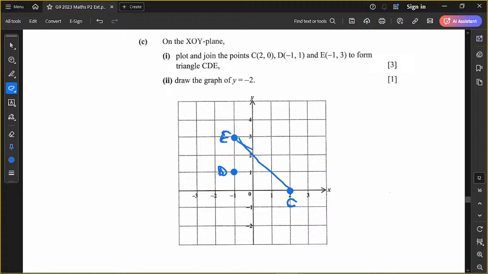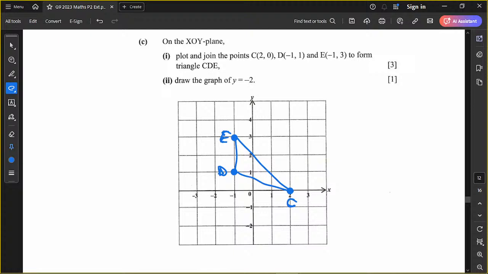In an exam, you need to have a ruler, which will help you draw straight lines. Sorry, I don't know why, because the computer is charging as well, so I don't know if it's the effect of the computer. Okay, like that. That is the triangle we're going to come up with.